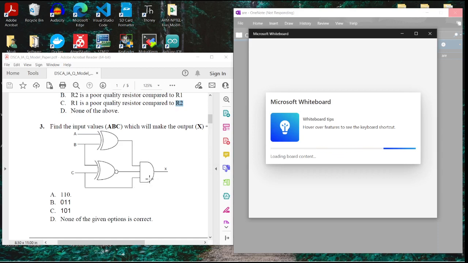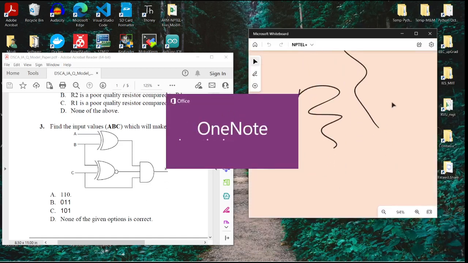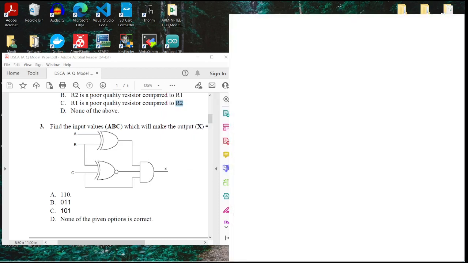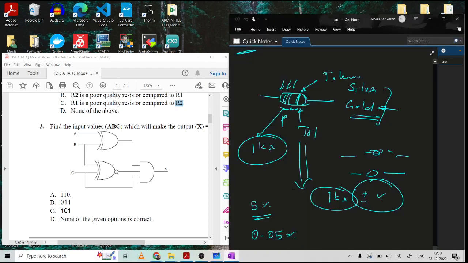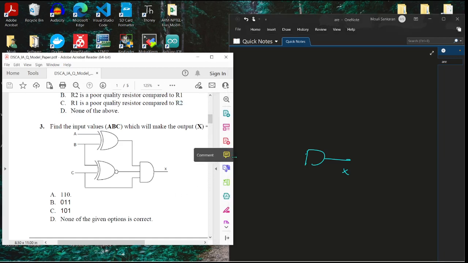Okay, let me explain with the picture. Let us hope it works. So what you should do is from this X, let me show the question. Okay, it's not visible.